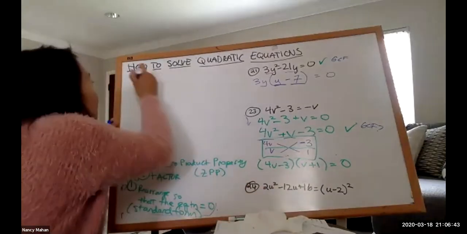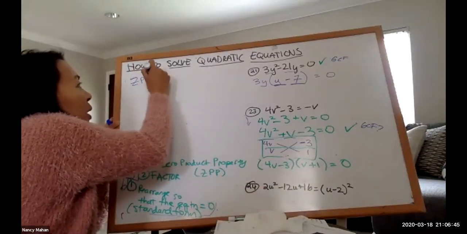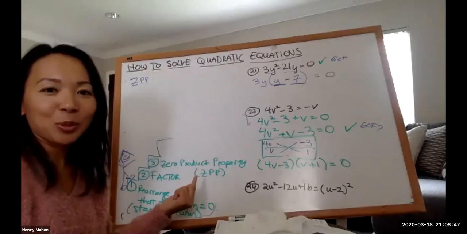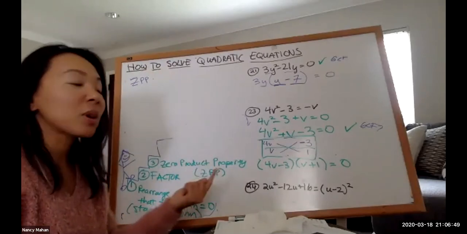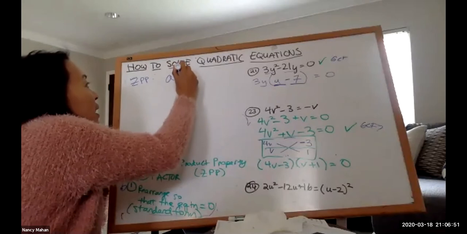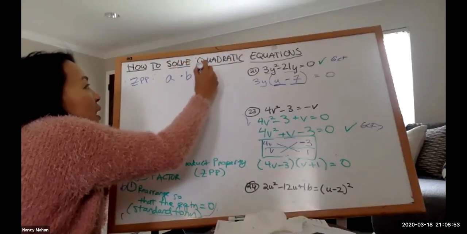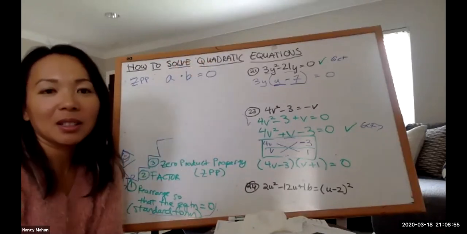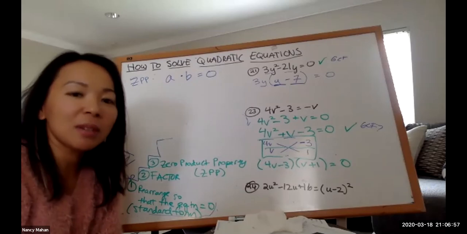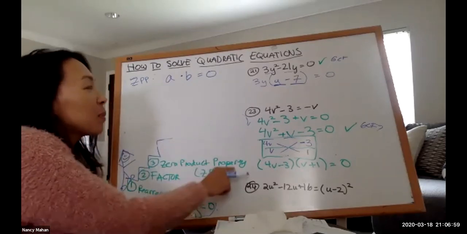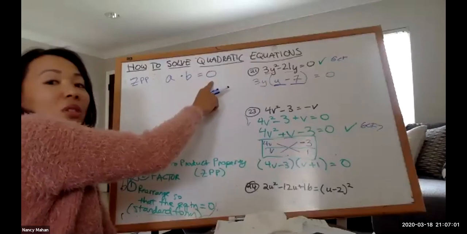The ZPP, zero product property, it says what it does. If I gave you A times B is equal to 0, that's a product, and it equals 0.